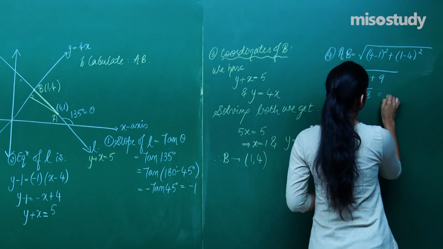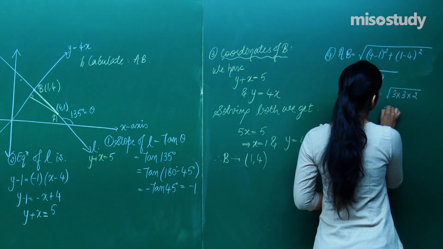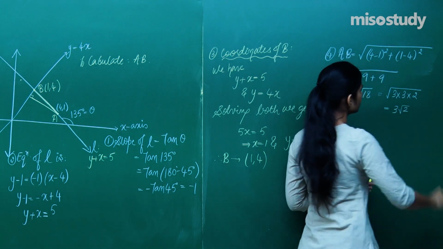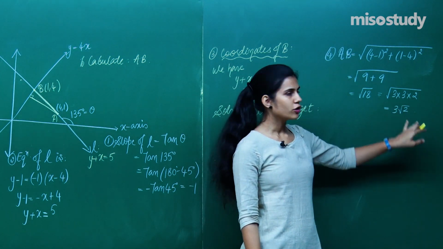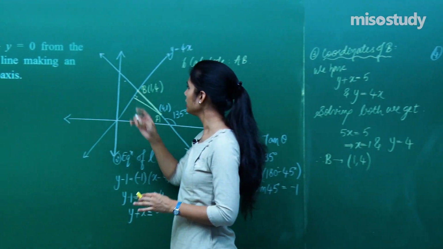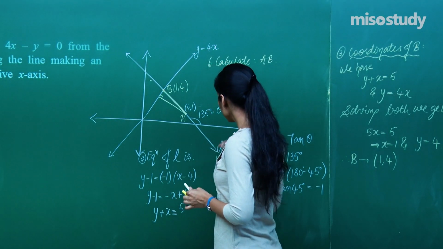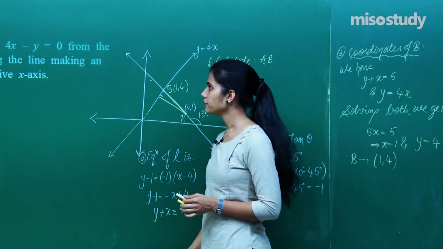So this can be written as 3 into 3 into 2, that is 3 root 2. Is it clear? So you have got 3 root 2 as your answer. 3 root 2 is actually the distance of 4, 1 from the line y equals 4x if you move along the line L whose equation is given by x plus y equals 5.